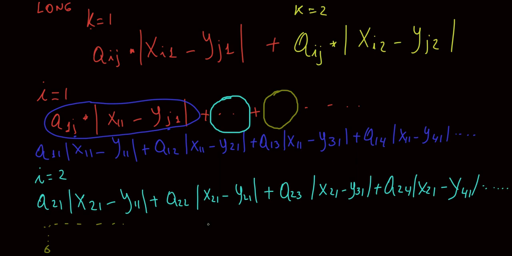So 6 of these groups, each one with 8 terms. Remember, this is just for this pink. Okay? We still need to expand for this yellow one. It would be something similar.